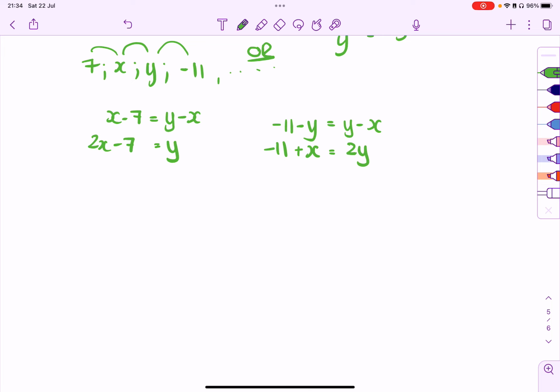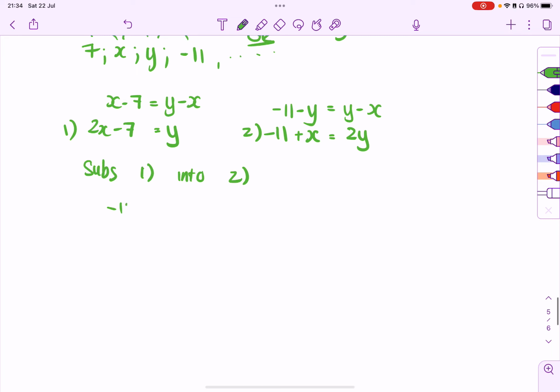I'm going to name this equation 1, this equation 2. I've already isolated y in the sum, so that means I can just substitute 1 into 2. Wherever I see y, I just put in that equation of 1.